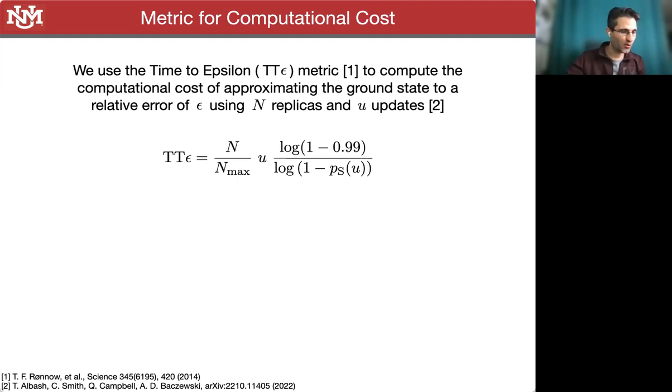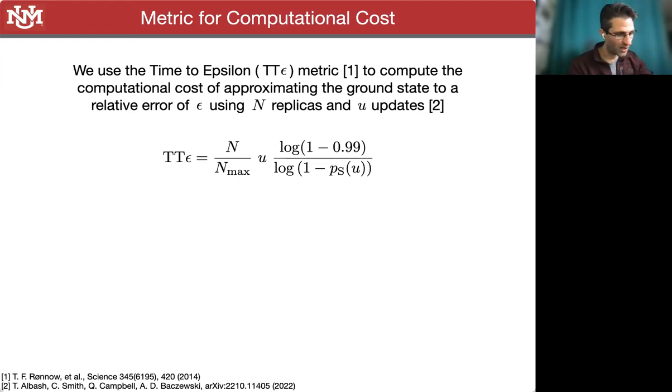The way we can measure whether there's an advantage to using parallel tempering with n replicas, as opposed to running n independent training simulations without parallel tempering, is using the time to epsilon metric, which is a metric that we're very familiar with in the quantum annealing community.